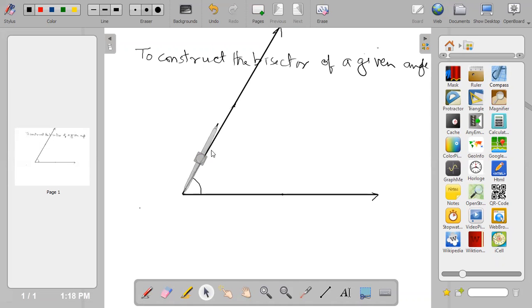Then you have to draw, any length you can take, any radius.